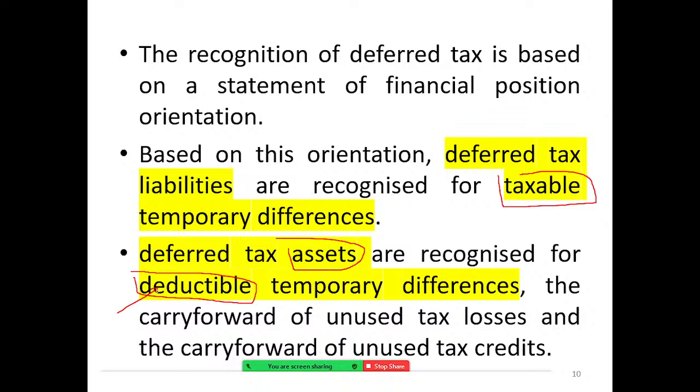Deductible temporary differences cause deferred tax assets, and taxable temporary differences cause deferred tax liabilities. So deferred tax assets are recognized for deductible temporary differences, the carry forward of unused tax losses, and carry forward of unused tax credit.